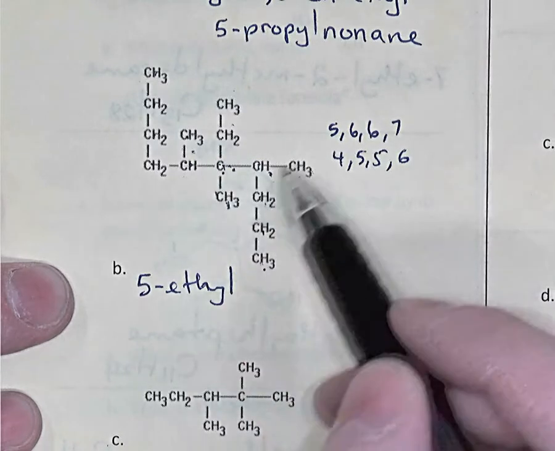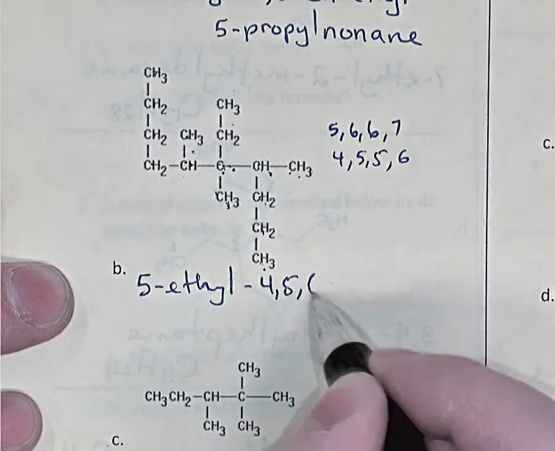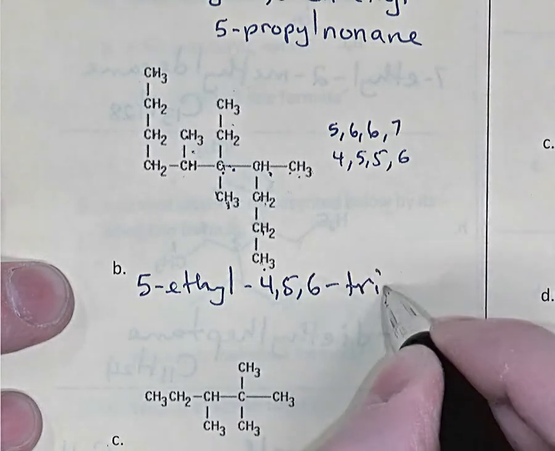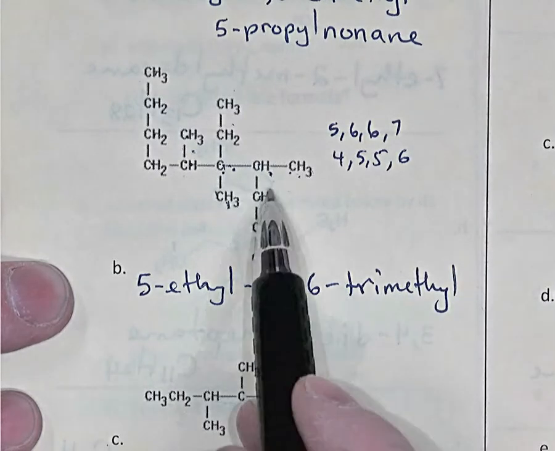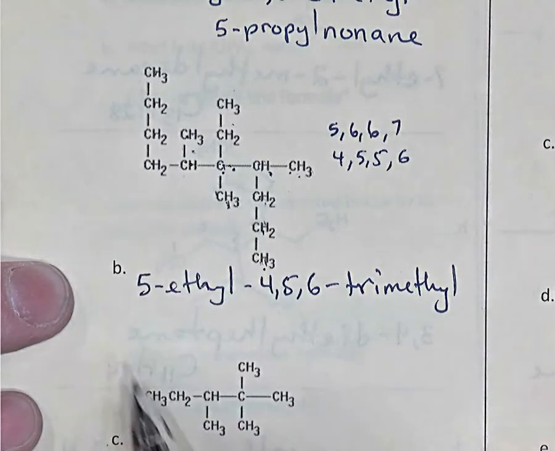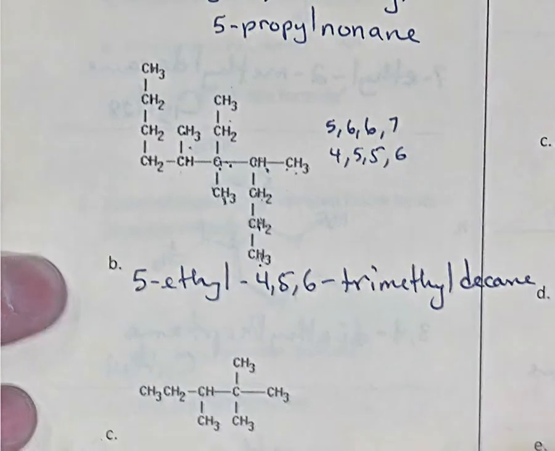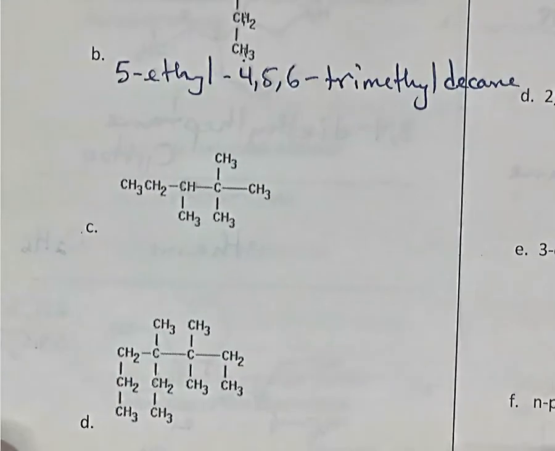There are 3 methyl branches, so dash 4, 5, 6, and 3 of them, so we'll say trimethyl. And then the parent chain had 1, 2, 3, 4, 5, 6, 7, 8, 9, 10 carbons, so decane is the parent name. 5-ethyl-4,5,6-trimethyldecane.